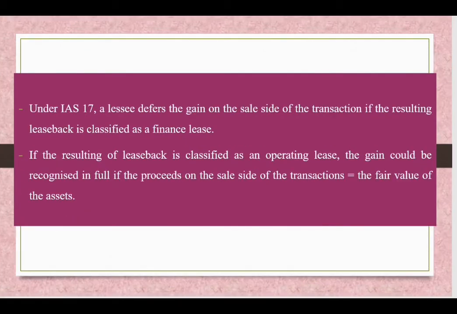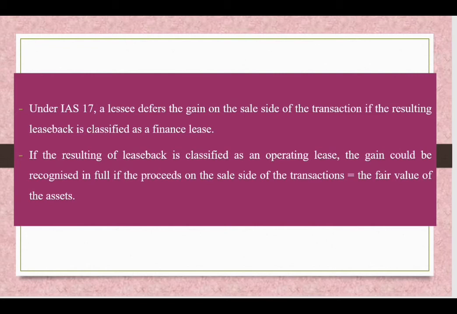So next, the accounting for sale and leaseback transactions under IFRS 16 is different from IAS 17. Under IAS 17, the gain on the sale side of the transaction is deferred if the resulting leaseback is classified as a finance lease, not an operating lease.